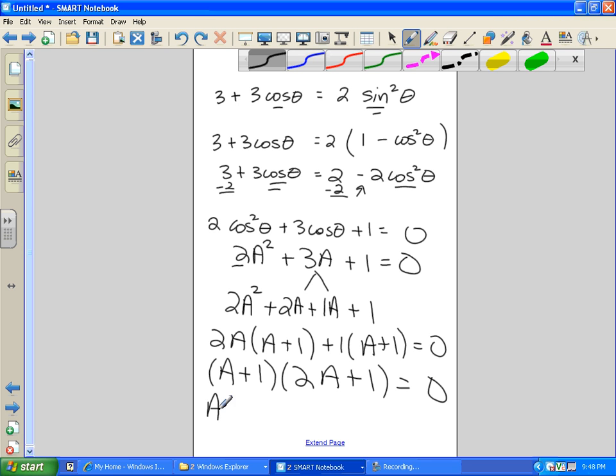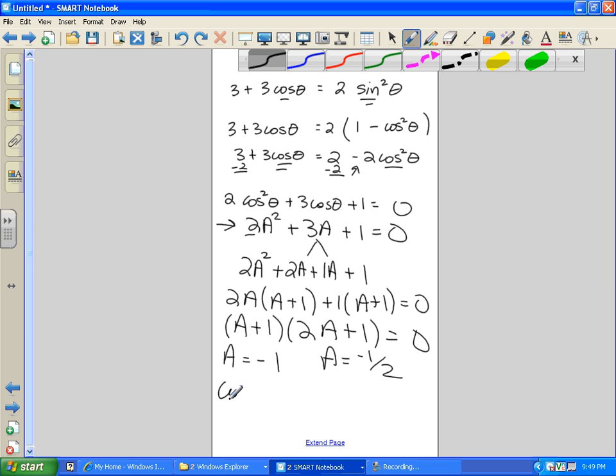So we'll get a to be negative 1, and then a would be equal to negative 1/2. Now recall, when we made a substitution back at this step, we said a would represent the cosine of theta. So we'll have cosine of theta equals negative 1, and cosine of theta equals negative 1/2.